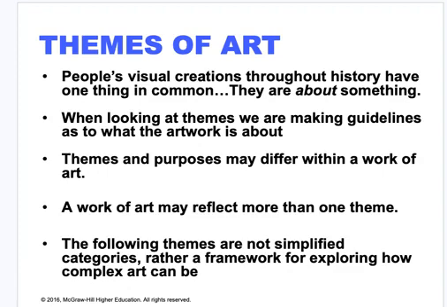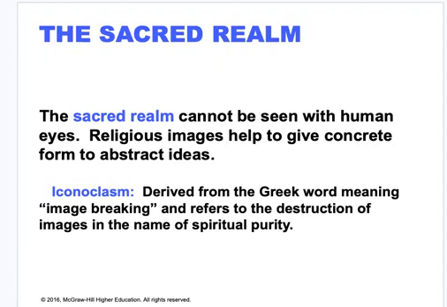All right, so the first theme is called the sacred realm. You'll want to mostly copy down what these say, because in each slide like this, I try to explain it a little bit in a brief explanation. Now, the second word on your screen is iconoclasm. That's more of a definition. That's just a vocab word for this chapter.